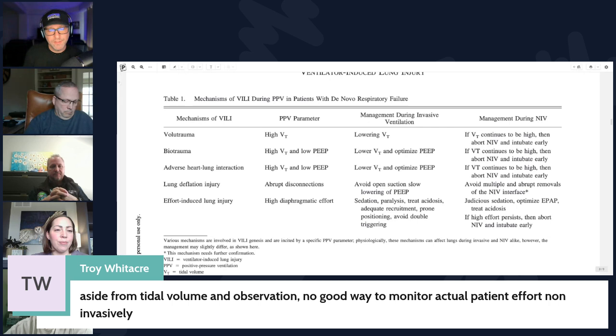But I also know that there is another paper being written up where they did the exact same thing in healthy volunteers, also with limitations. That paper is not published yet. But we're moving in that direction, where we're trying to better identify patients at risk of patient self-inflicted lung injury, essentially, in the presence of non-invasive ventilation.